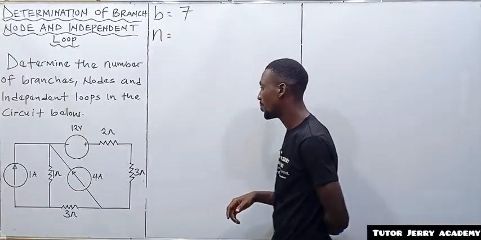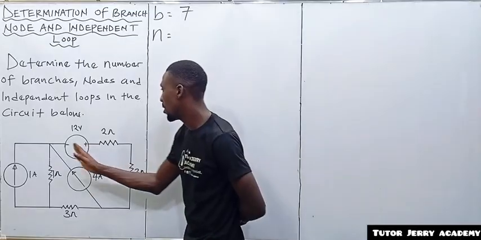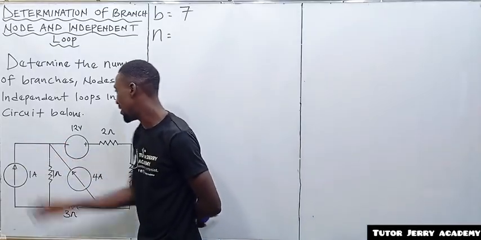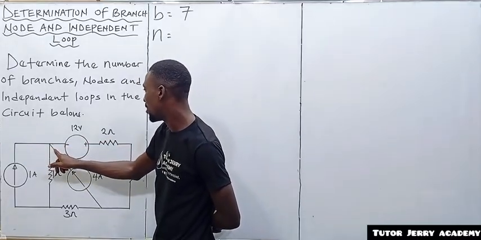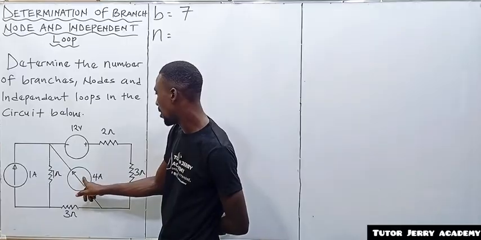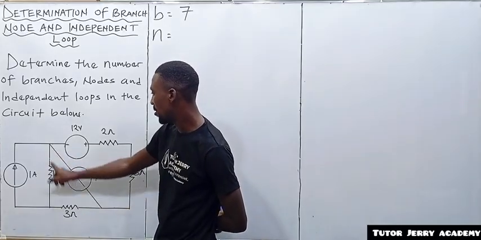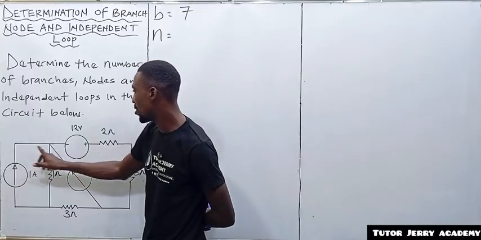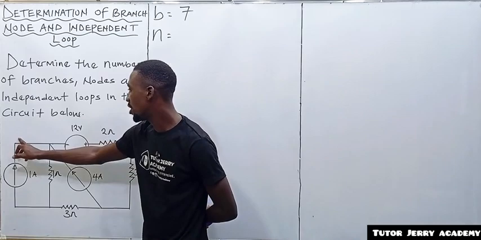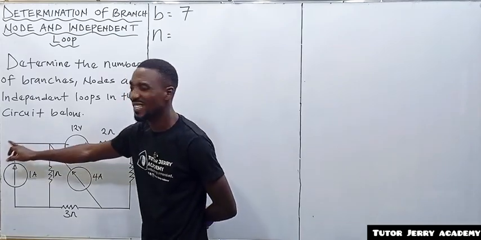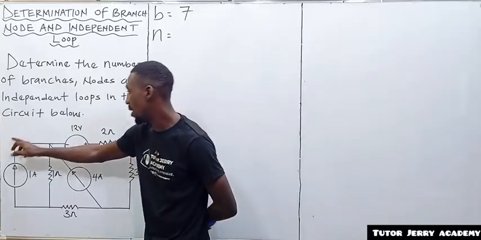All right, so if we look at all these parts like this, we have this wire here connecting this current source, this resistor, and this current source at this point, and it's also connected at this point. So this part, we are going to treat it as a single node.